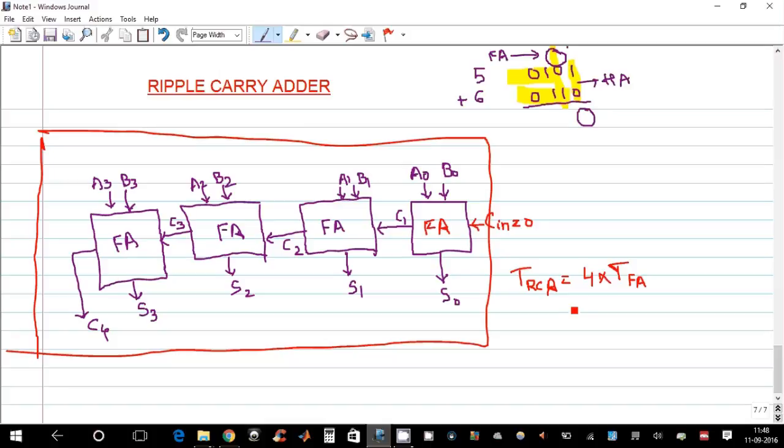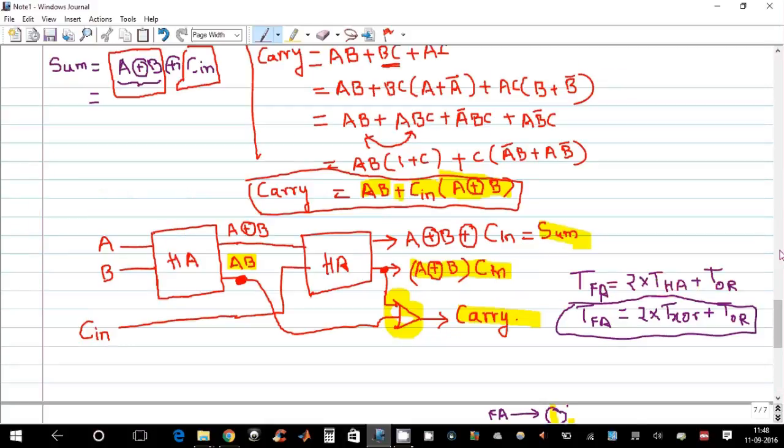Now this full adder delay, as we have seen in the previous section, is equal to the delay of twice the XOR gate delay plus 1 OR gate delay.